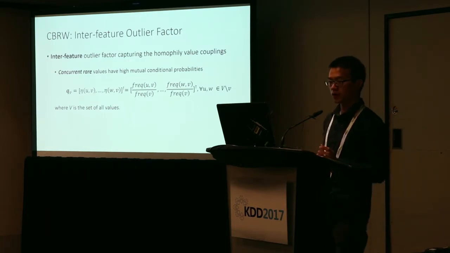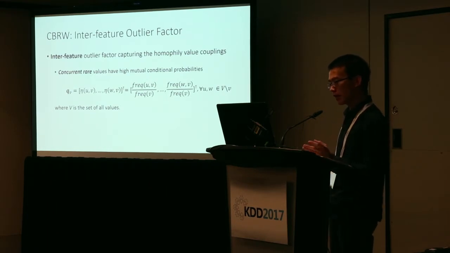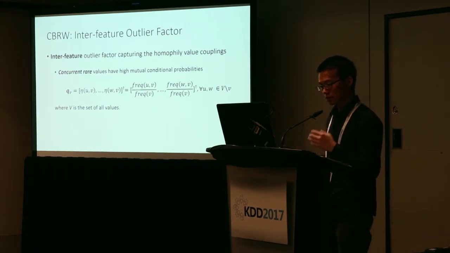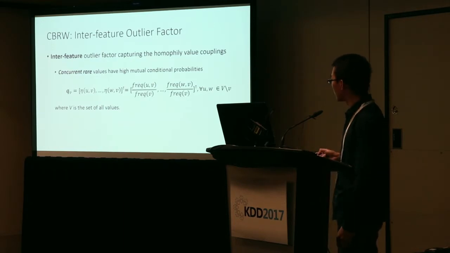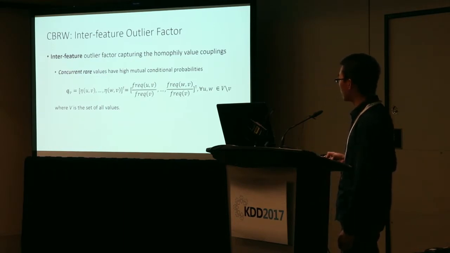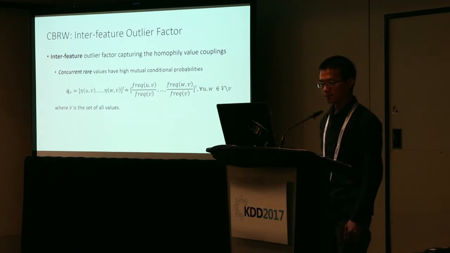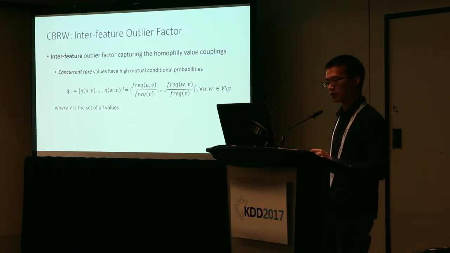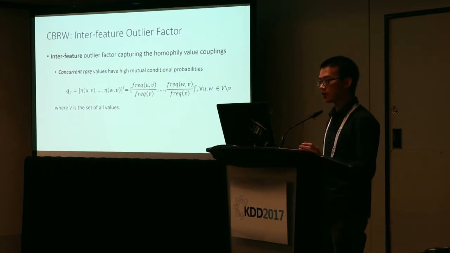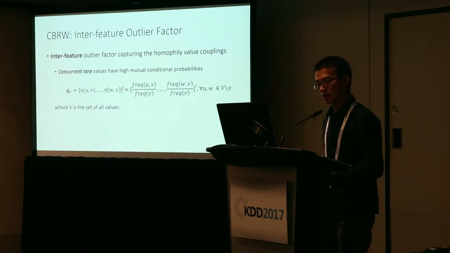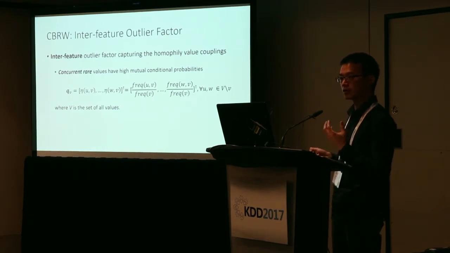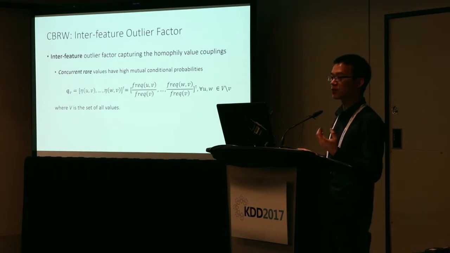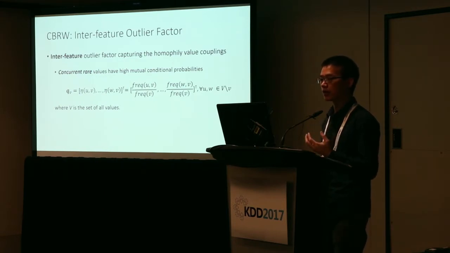But the question here is why the outlying values have high conditional probabilities. The answer is that the outlying values often have very low frequencies, and as I mentioned before, they tend to be concurrent together.